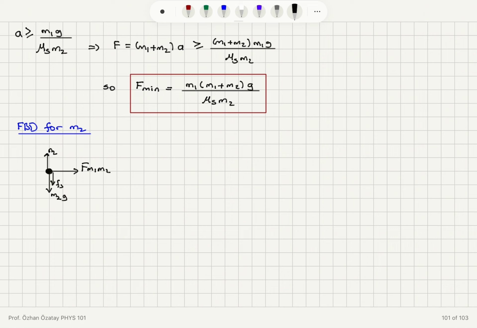The net force on the x-axis must be equal to m2 times a. So the net force on the x-axis is the force exerted by m1 on m2, and that is equal to m2 times a. The net force on the y-axis must be equal to 0. Normal force N2 minus m2g minus the static friction is equal to 0.